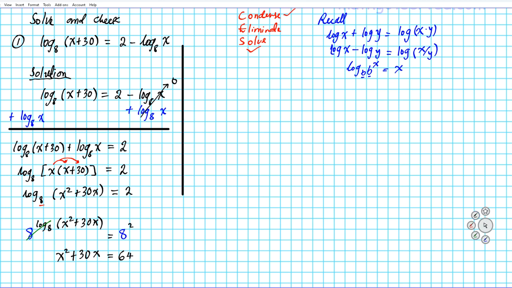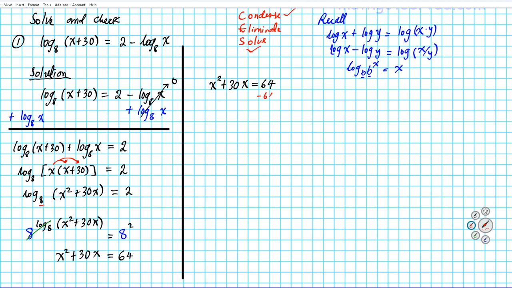All right, so what we're going to do next is solve this resulting equation. What do we have on our hands now? We have a quadratic equation. So there are different ways you can solve a quadratic equation. You can use factoring, you can use the quadratic formula, or completing the square. Let's try factoring here. All right, so let's put it in standard form first.